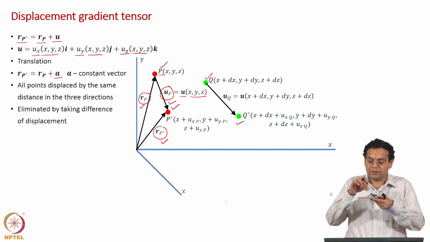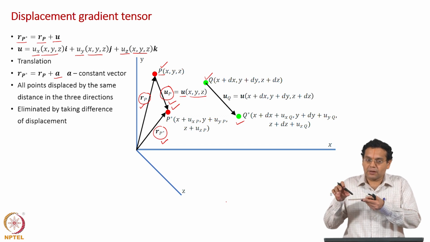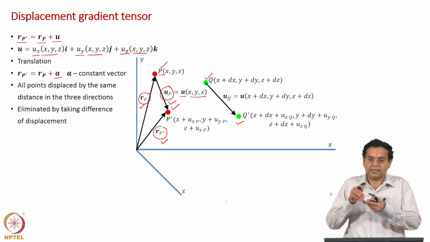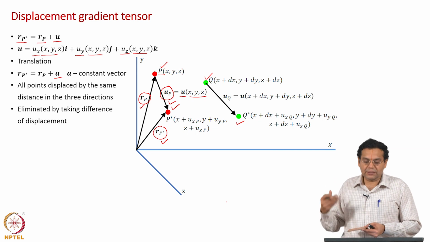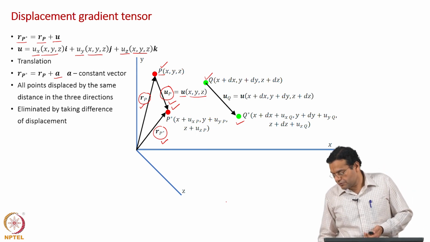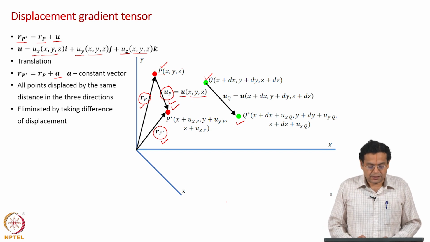If you work in terms of displacement alone, it can include translation, and we want to avoid that. How to avoid it is just by taking the difference in displacement between 2 points on the plate. So, throughout the further discussion we will work in terms of difference in displacement.